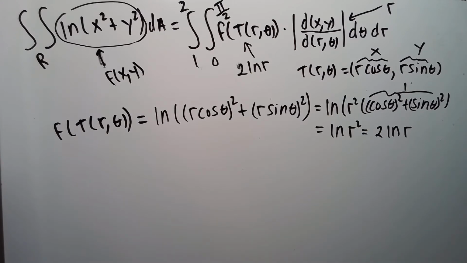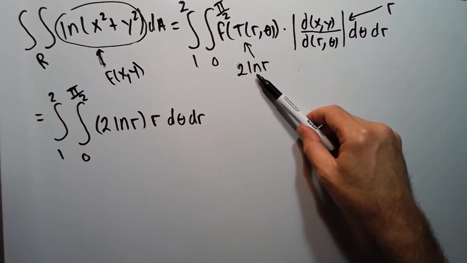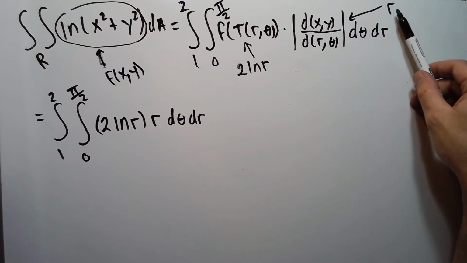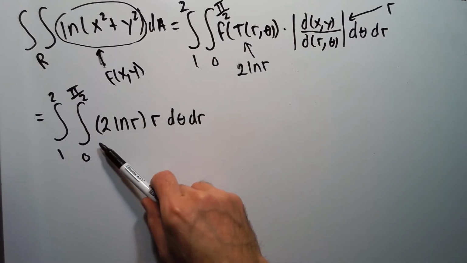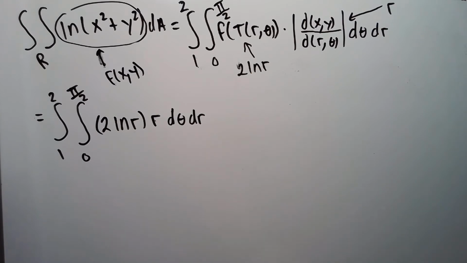Let me erase some stuff here. Okay, so we found our f was 2 ln of r, Jacobian r. So plugging those things in, we'll get this right here. So then integrating with respect to theta first.